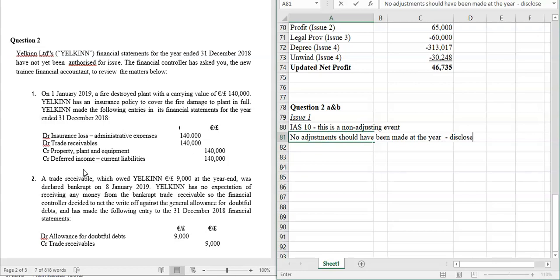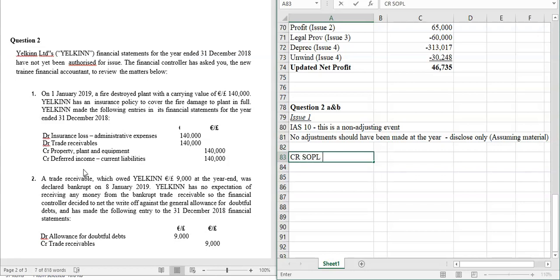Disclose only. Assuming material. So assuming that this was material, you disclose it only. You don't make an adjustment because the fire wasn't there at the year end, right? So that's a clear example, a very explicit example in the standard that you don't make an adjustment before the year end. And that's what we're looking for you to use that language, reference IAS 10, mention it's a non-adjusting event, and say they were incorrect there.